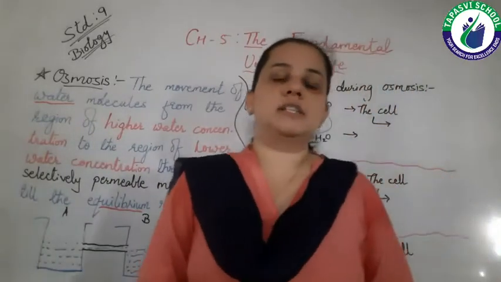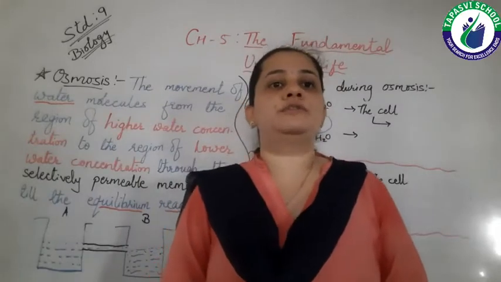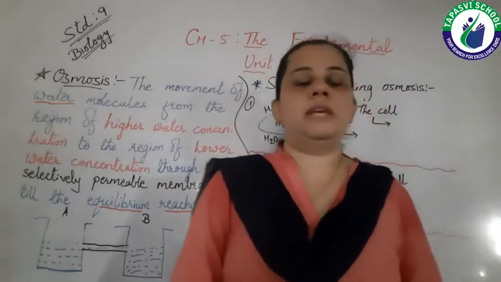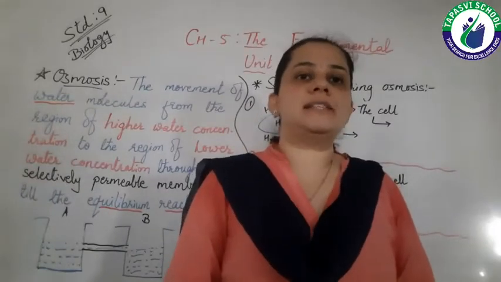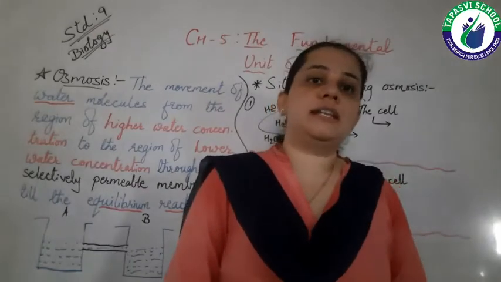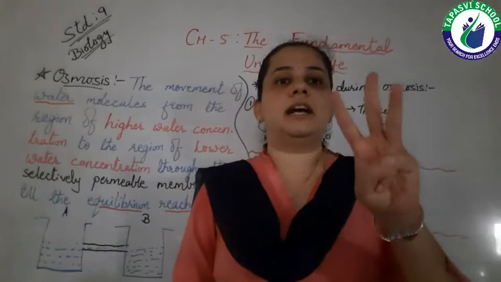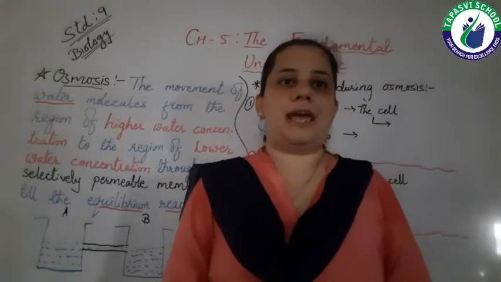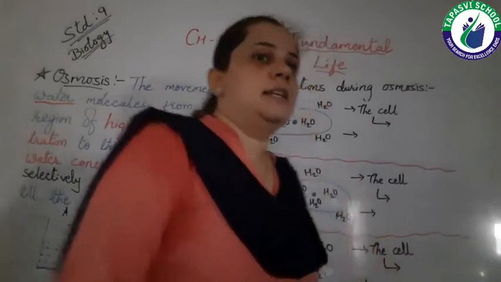So whenever this osmosis occurs, there are chances of three conditions. Means if we take a cell and place it in a solution which contains water, then there are three conditions which can happen. So which are these three conditions? Let's see.